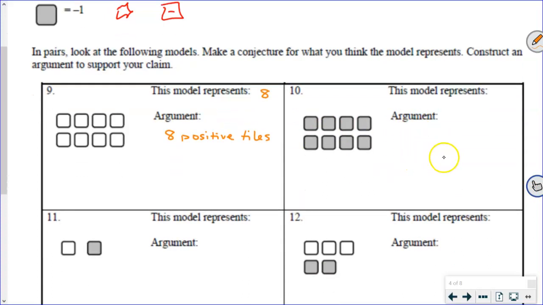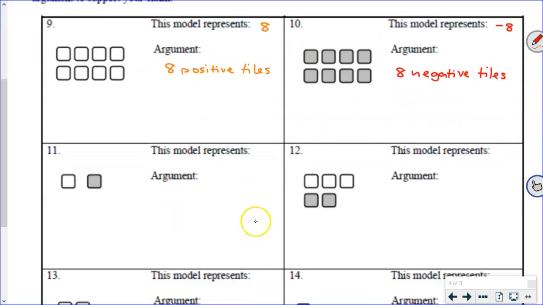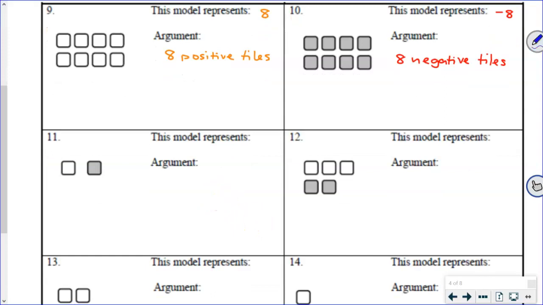This model here represents, let's see, they're all negatives, count them up. So this model is going to represent negative 8. Why? Because there are 8 negative tiles. Now, number 11. What does this model represent? What is the number that this model represents?